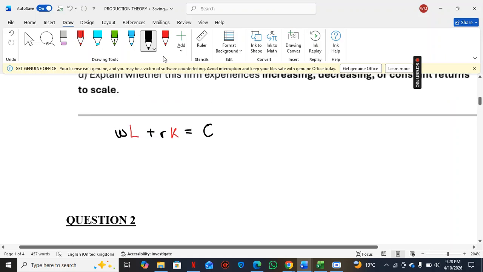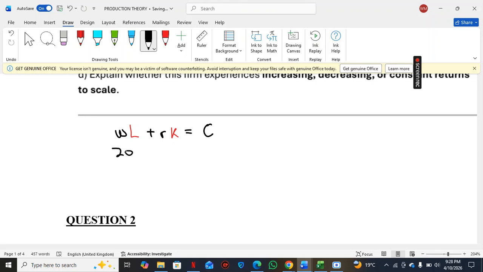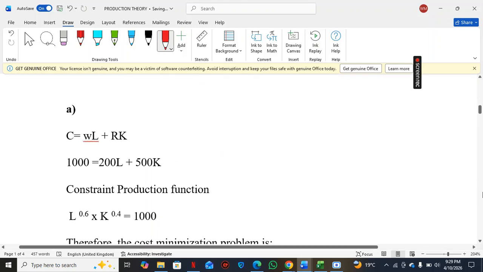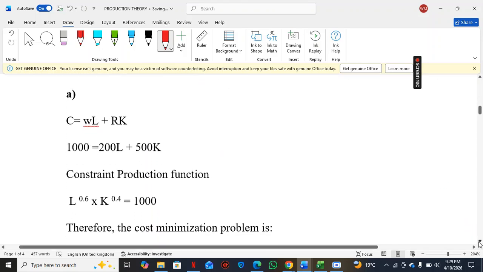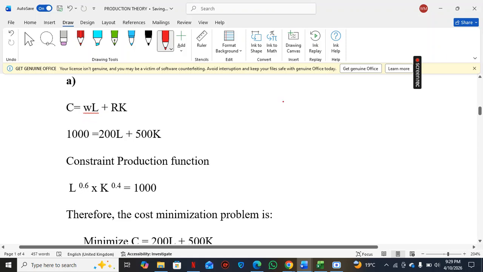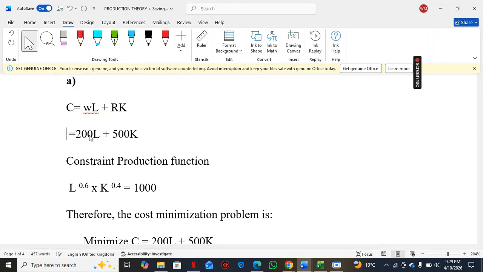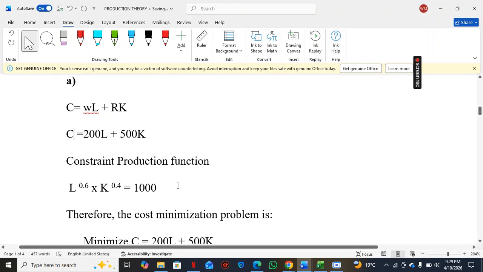I'm going to say 200L plus 500K equals C, just how I've put it here. We haven't been given the cost.